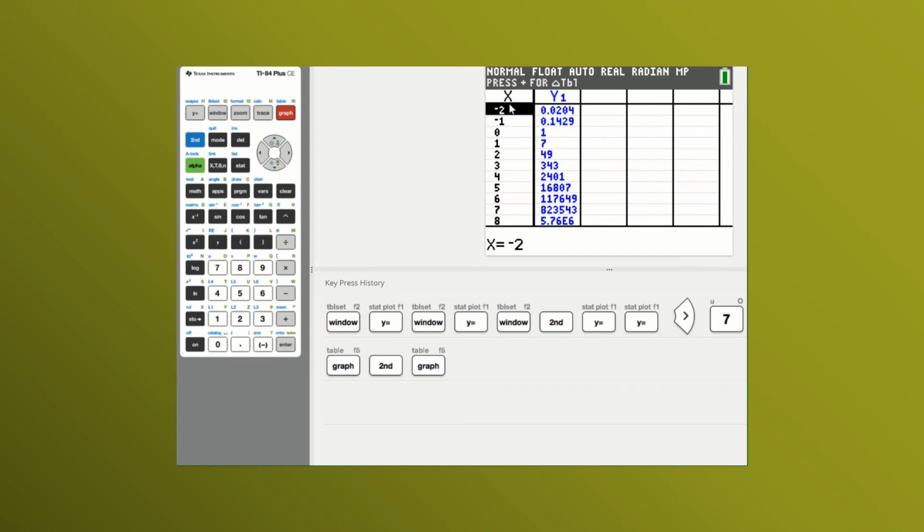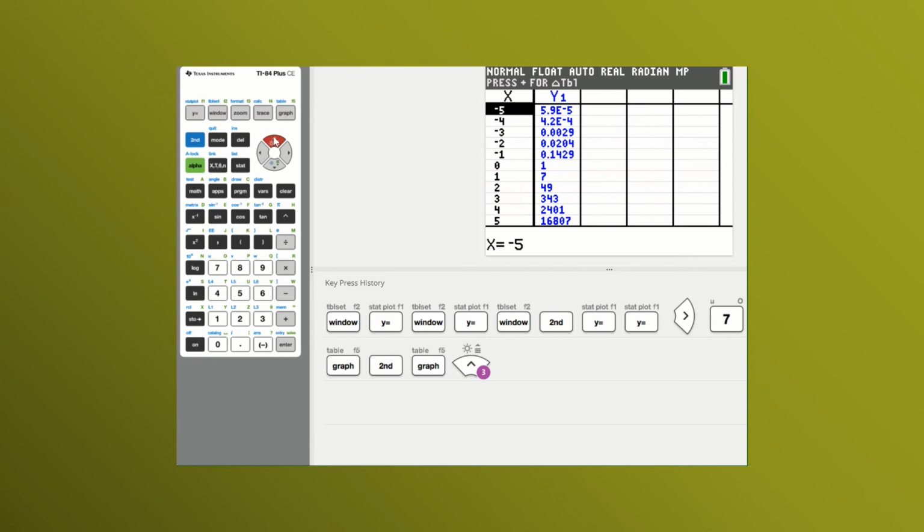Now let's look at some of the negative exponents. When x is negative 1, that's 1 over 7, which in decimal form is 0.1429. When x is negative 2, it's 0.0204. You can see it's getting closer to 0. Let's scroll this up and look at some more negative numbers.